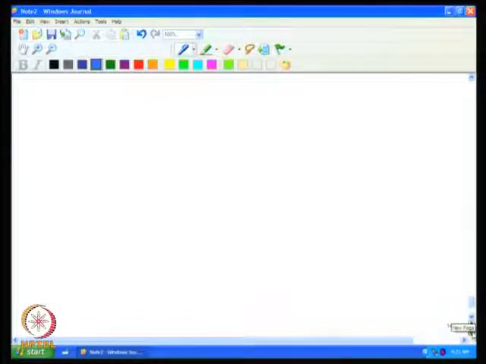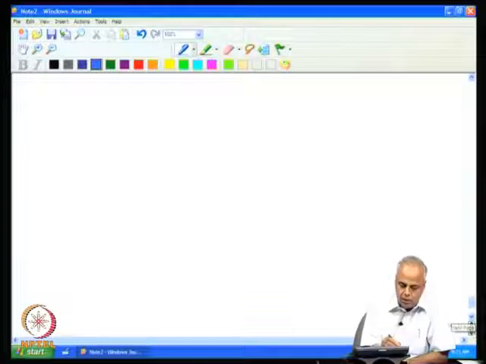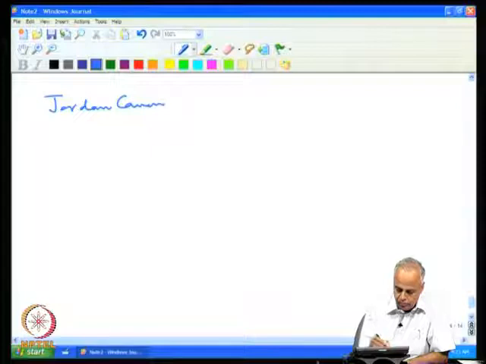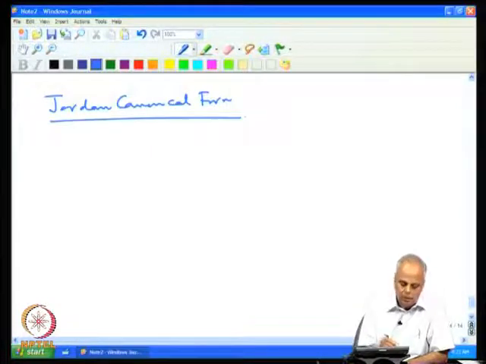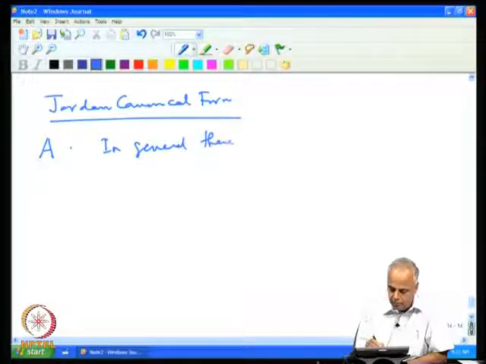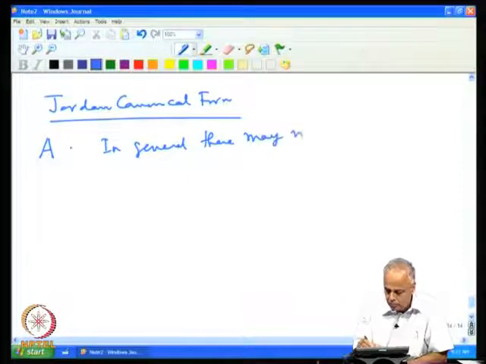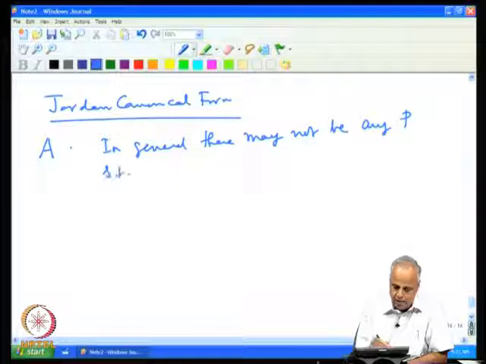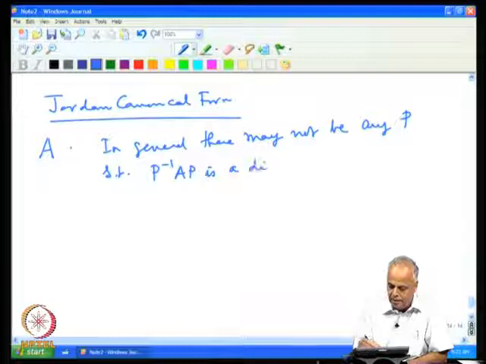Both these are very important. What is this Jordan canonical form? We have A. In general, there may not be any P such that P inverse A P is a diagonal matrix.